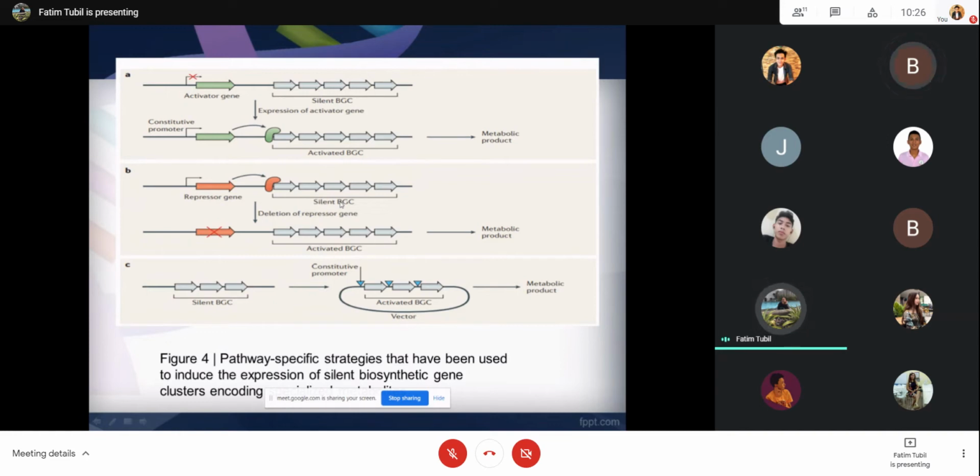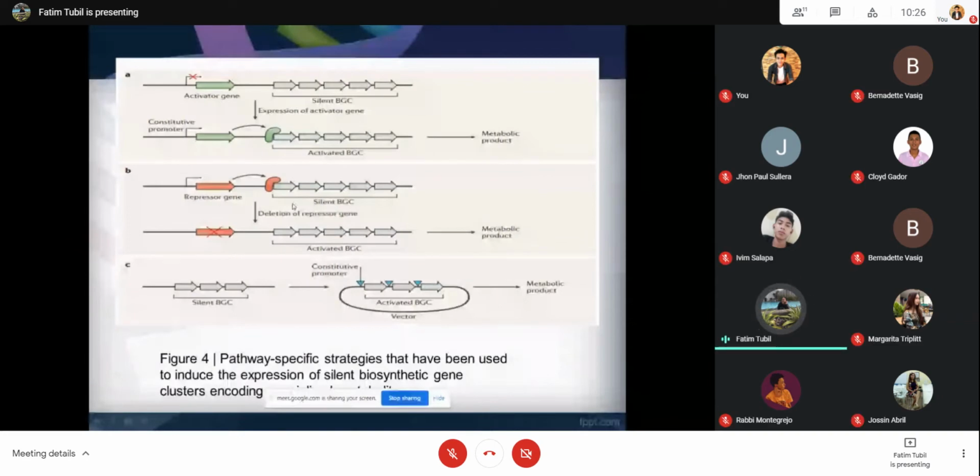Then for C, the repressor gene functions for inhibiting expression of the biosynthetic gene cluster. Therefore, in that method, ma'am, the repressor gene is deleted so that another production can be activated.